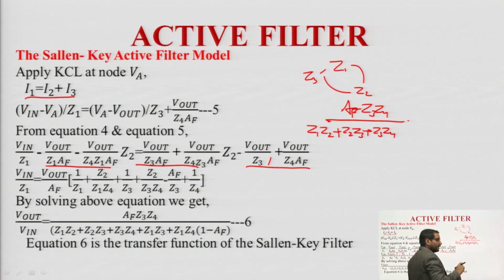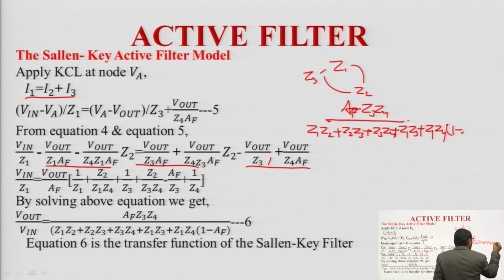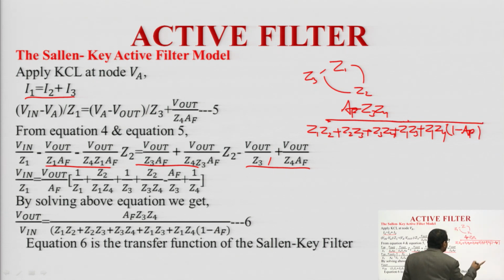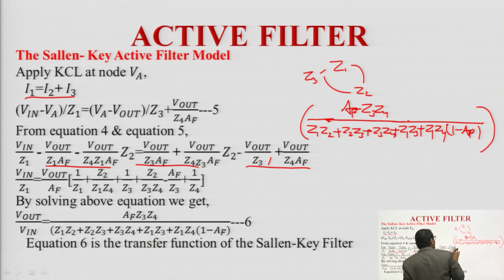It is common. Now next Z1, Z3: Z1 already came with Z2. So next you pick Z1 and multiply it with Z3, next pick Z1 and multiply it with Z4, and finally 1 minus AF. AF comes with the negative sign. This is the trick to memorize the transfer function of the Sallen-Key filter model.